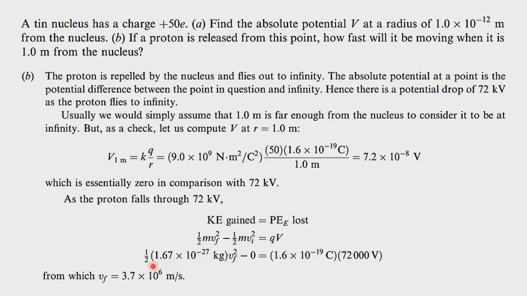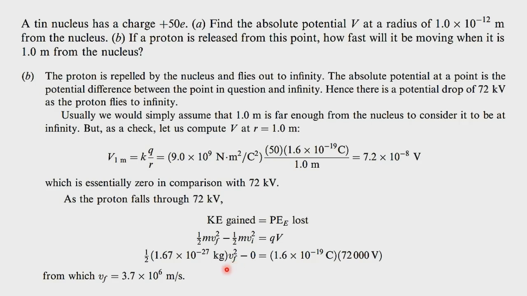That will be equal to 1/2 mass, where 1.67 times 10 to the minus 27 kilogram is the standard value for the mass of our proton, multiplied by the square of its velocity.